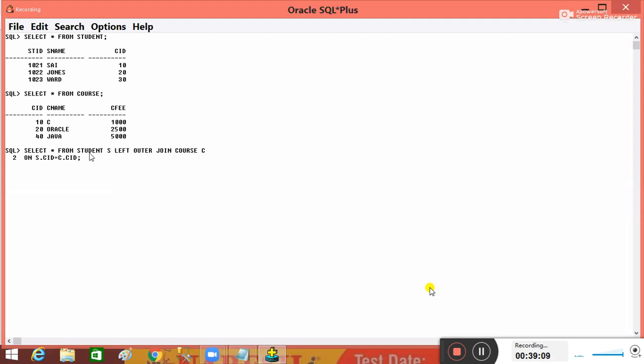Now you can see in the statement I wrote, the left outer join. Can you tell me, which table is on the left side?